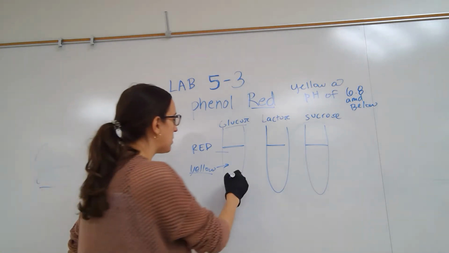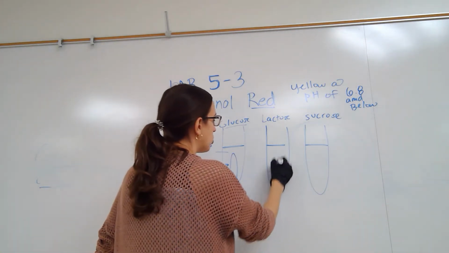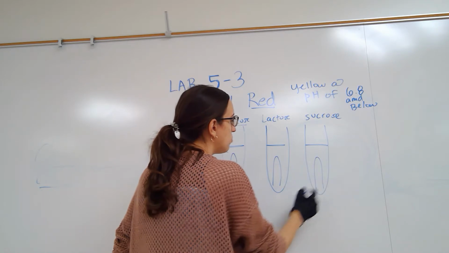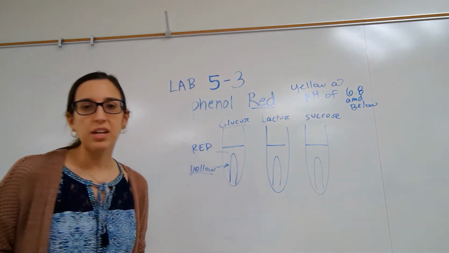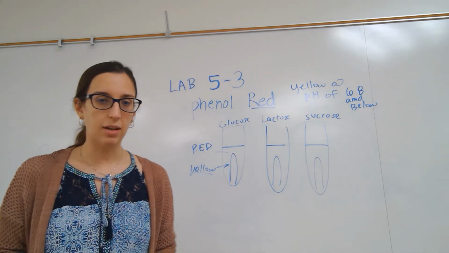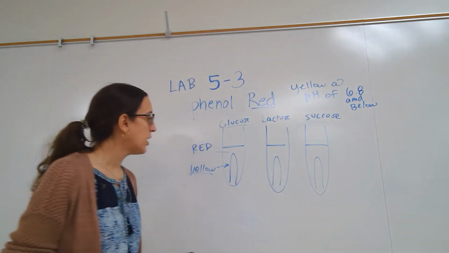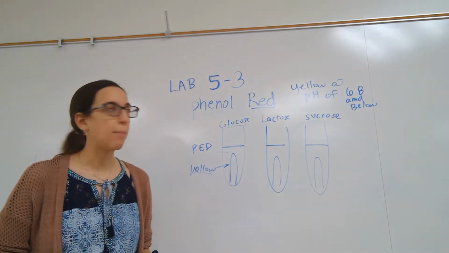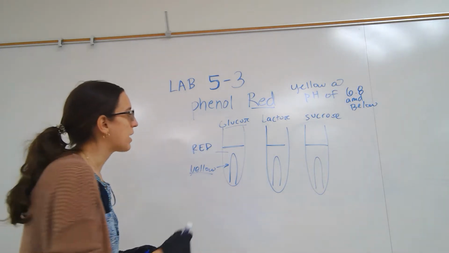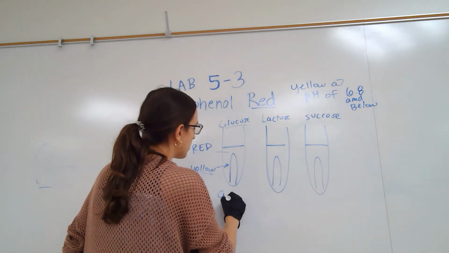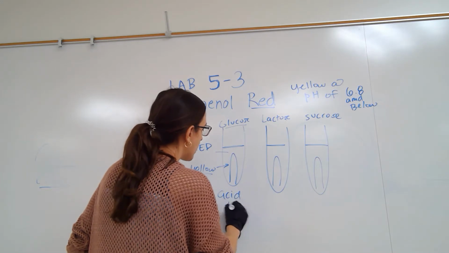Another thing that this medium has is a Durham tube. So this is a little tiny tube that's upside down, and what that does is it can catch gas in that upside down tube. This is called a Durham tube. So another thing that happens from glucose breakdown is not just acid, but also gas.